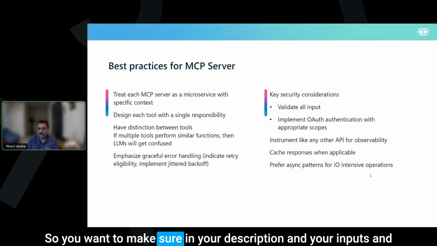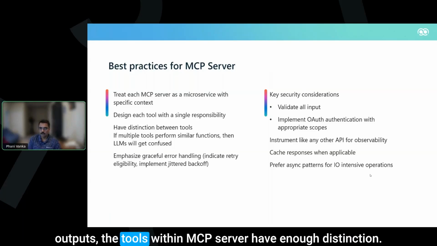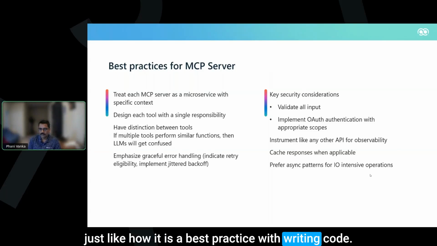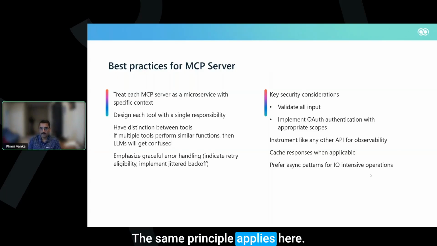So you want to make sure in your description and your inputs and outputs, the tools within the MCP server have enough distinction so they maintain a single responsibility, just like how it is a best practice with writing code. The same principle applies here.